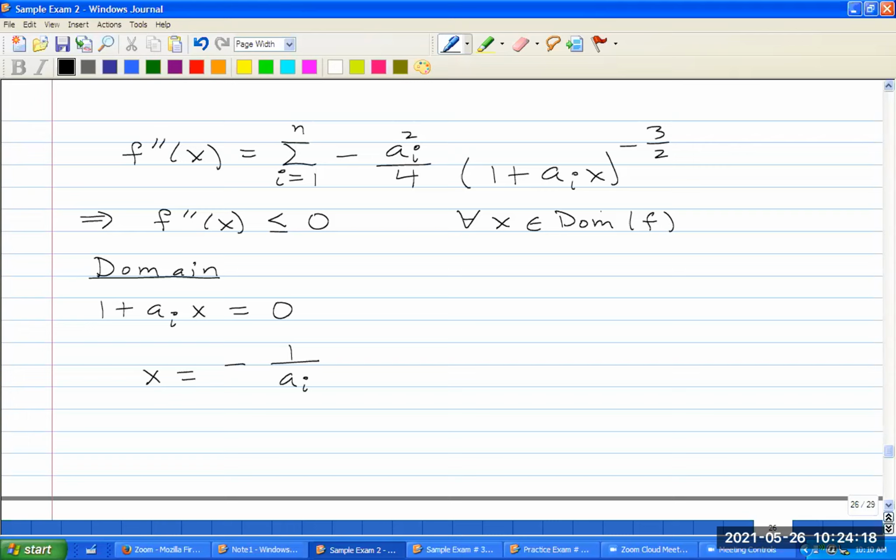So that's going to be the largest of the a sub i's. So the domain depends on the a sub i's.